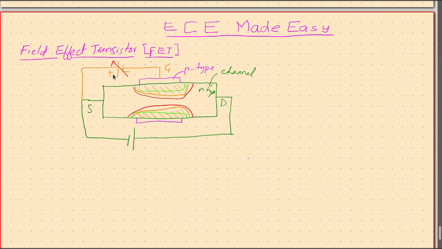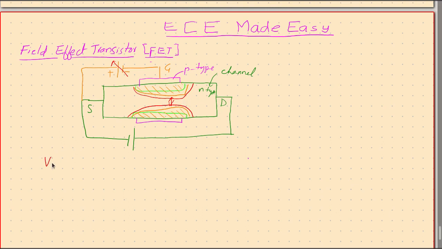So with the increase in reverse bias at the gate and source, the depletion layer widens and hence the channel available for conduction reduces.